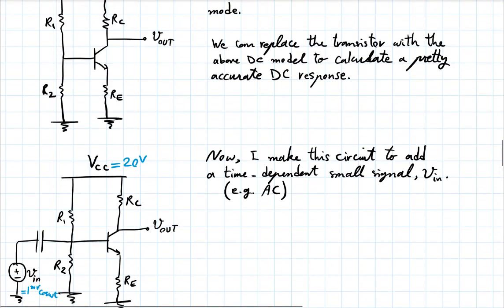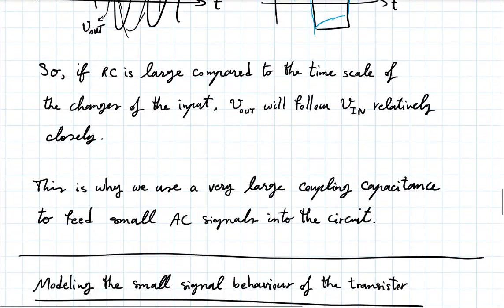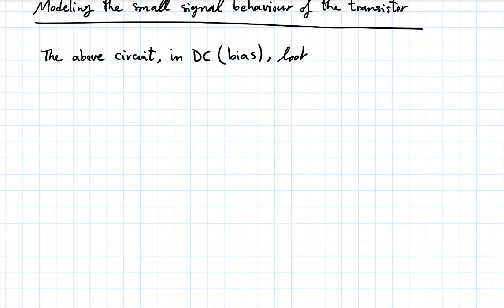What I'm really saying is that this circuit that we have here in DC, or to find the bias, looks like this.